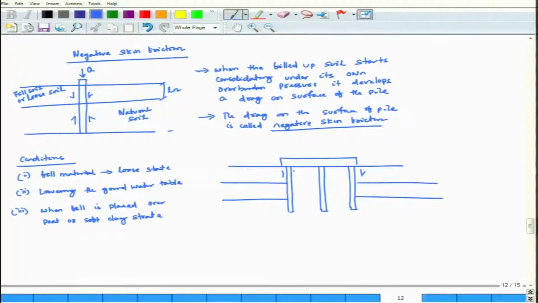One is your fill soil, then this is your soft clay, then there is a natural soil here.